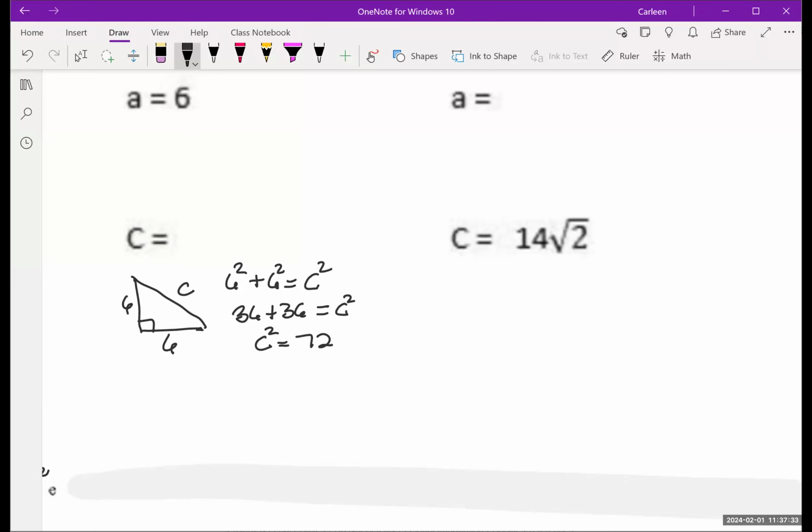I have to do the opposite to isolate my variable. To solve for C, I do the opposite of squared, which is square root. Square root cancels squared, poof, C pops out. And now I need to simplify the square root of 72.